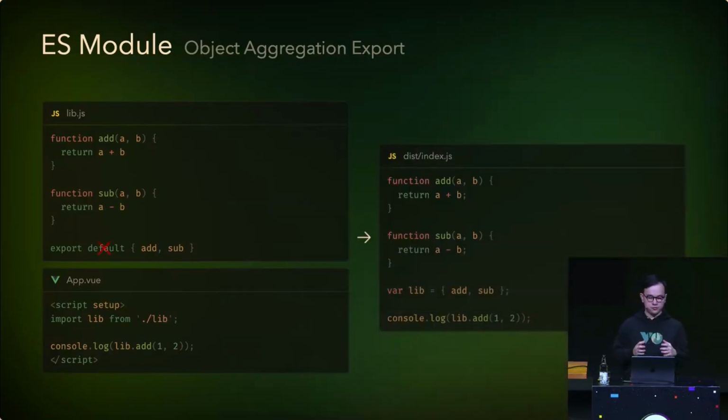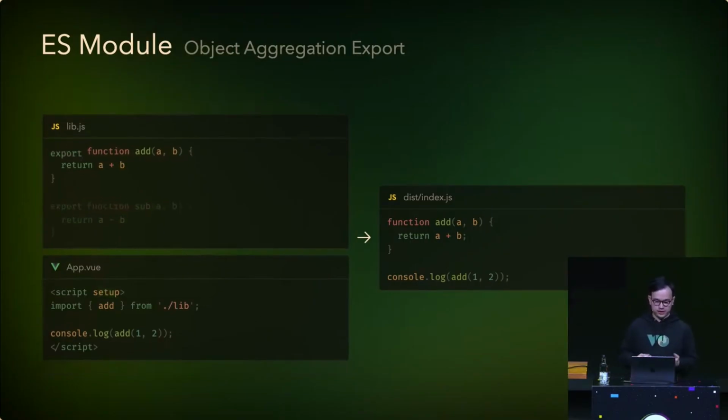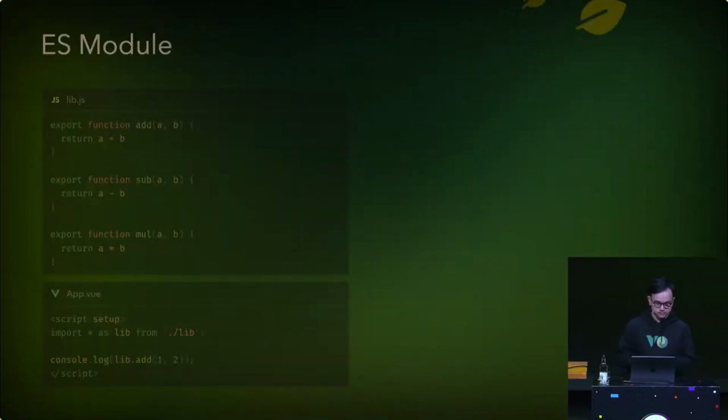If we want these 2 functions to be exported individually, we can remove the default export from the library and change it to export add and export sub. That's what we call a proper named export, and this is tree shake friendly. You can also place export directly before each function, and this is also a valid named export.